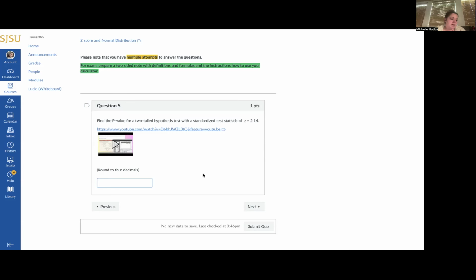So I calculate the p-value using the standard normal distribution table or a calculator. I think I have the answer, but I just want to make doubly sure that I'm right. So let me look at this.